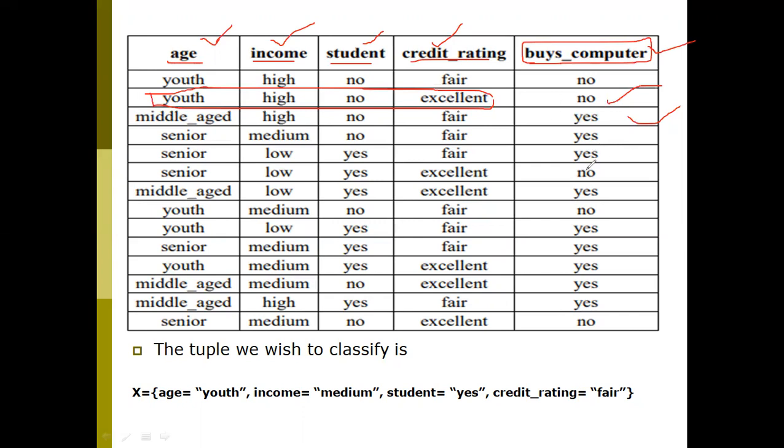If he is going to buy a computer, then we label that particular tuple as yes. If he is not going to buy a computer, or he is not interested, or he is not eligible to buy a computer, then we label that particular record or tuple with the no class label, right?